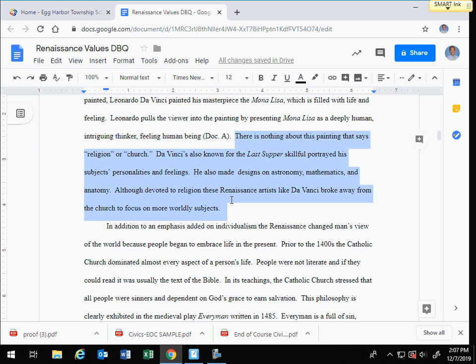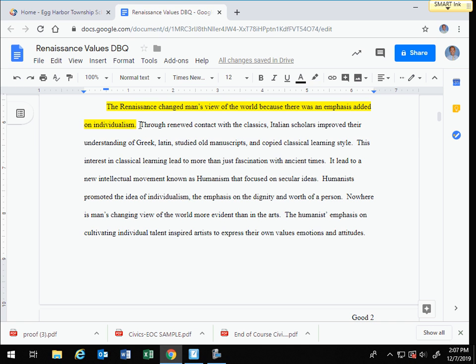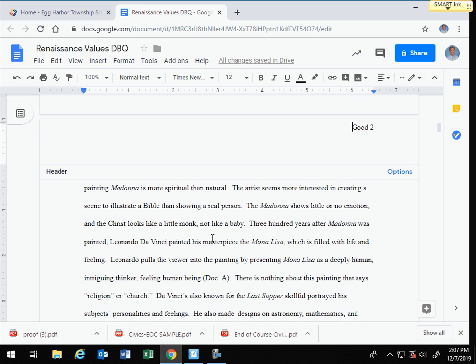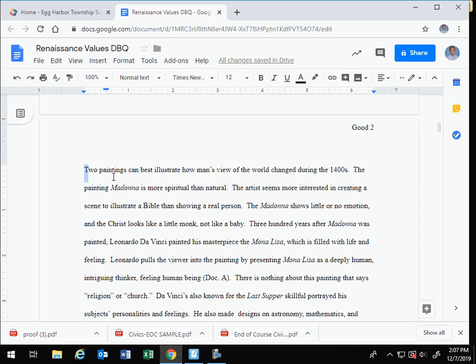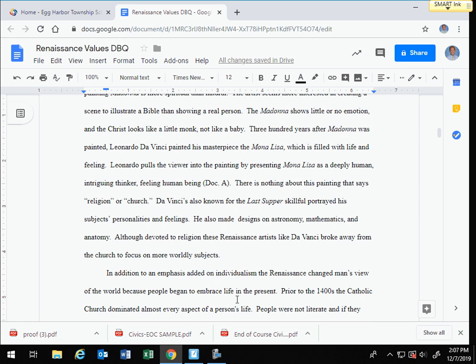So remember, your body paragraph is going to be in three parts: topic sentence, background, explanation of the art, right here, and then the analysis. All right, pretty simple. Keep that formatting as you're writing your paper.